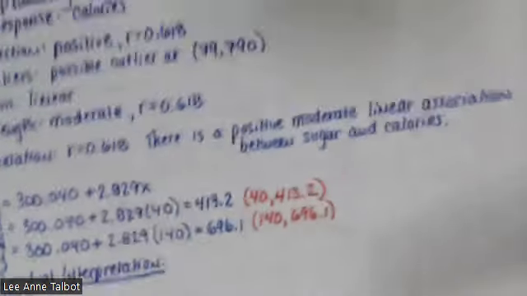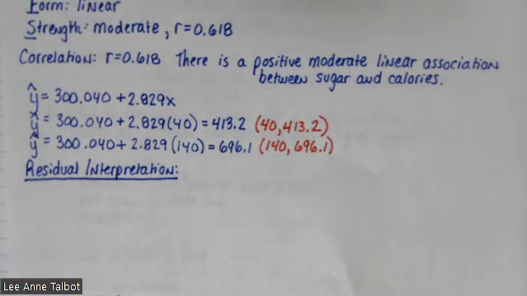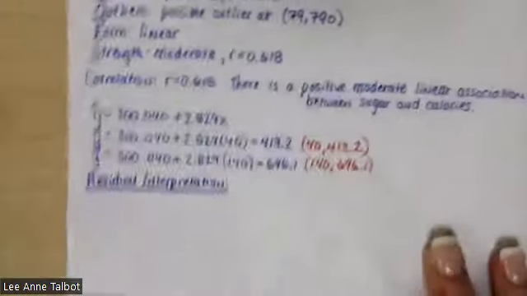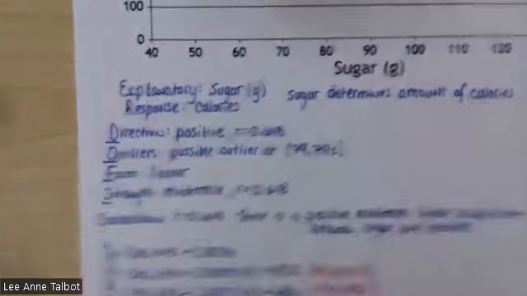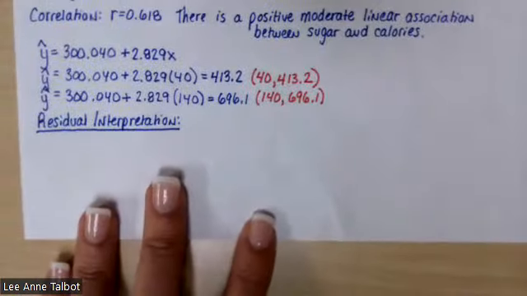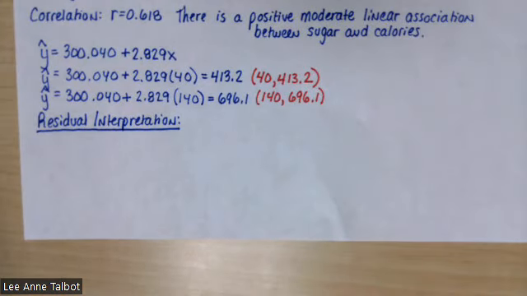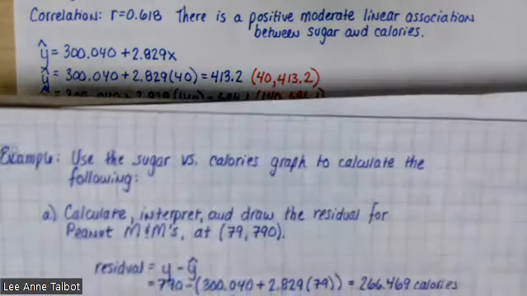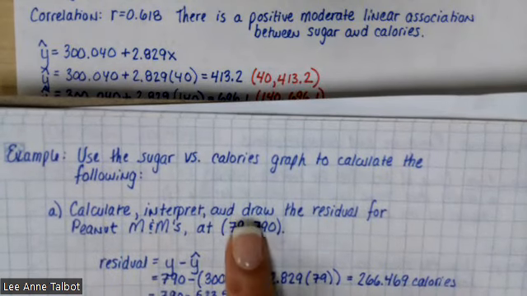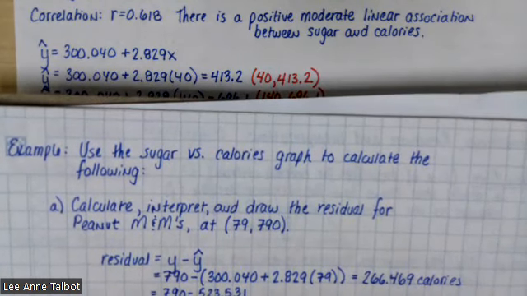And then we'll be done. We'll only do the first one just because of time. We only had to do the first one: calculate, interpret, and draw the residual for peanut M&Ms.